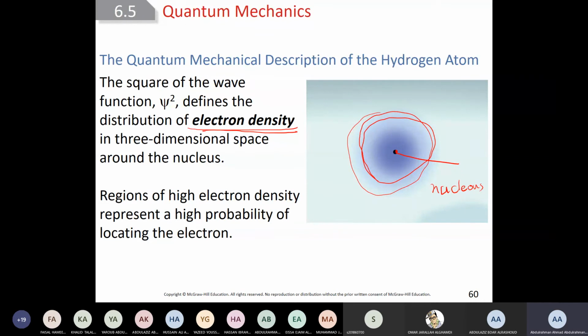Electron density. If the electron is a mass and this is the nucleus, the electron is something like this. But if it's a wave, where is the electron?